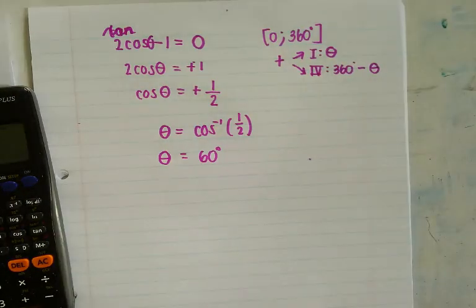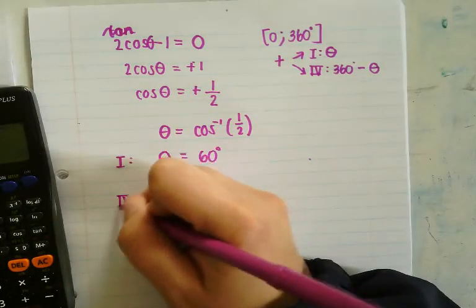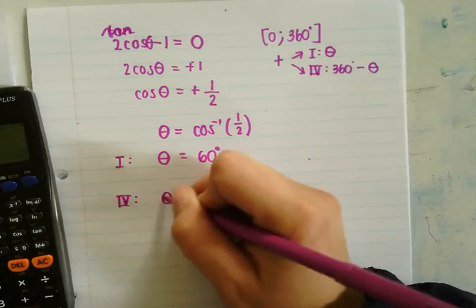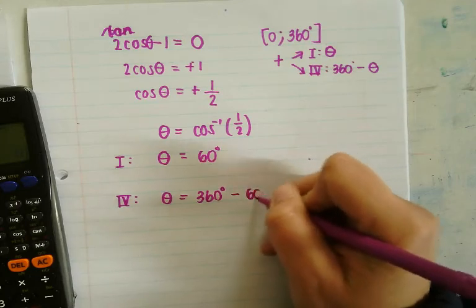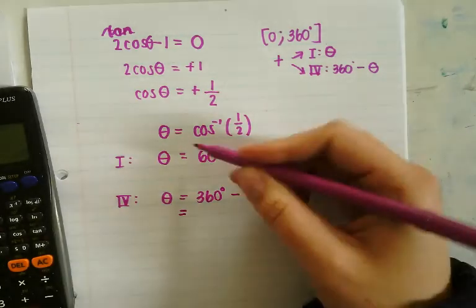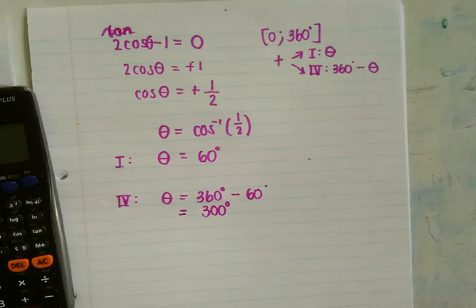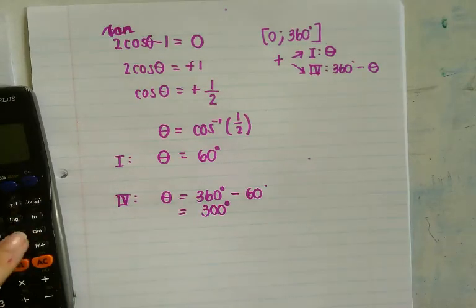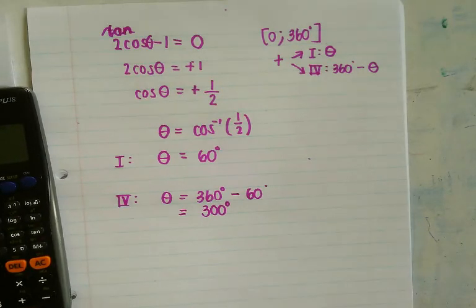So quadrant 4 would be 360 minus 60, where 60 is my reference, and this would be 300 degrees. And check: cos 60 gives me 1/2, cos 300 also gives me 1/2.